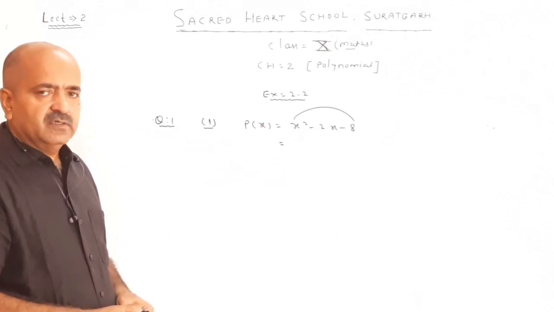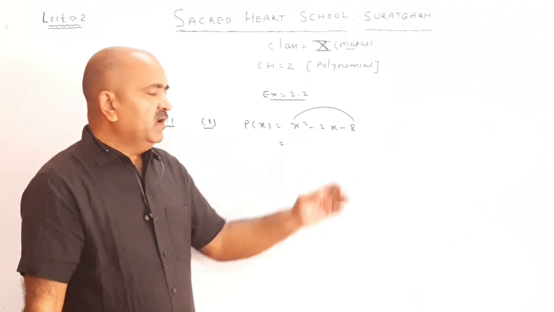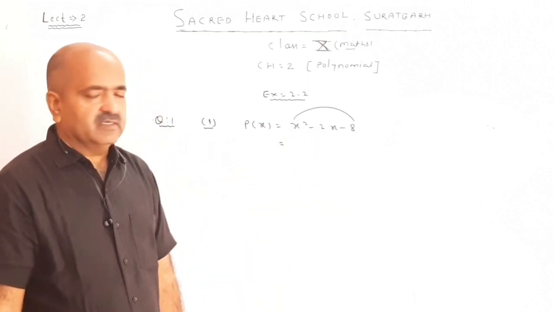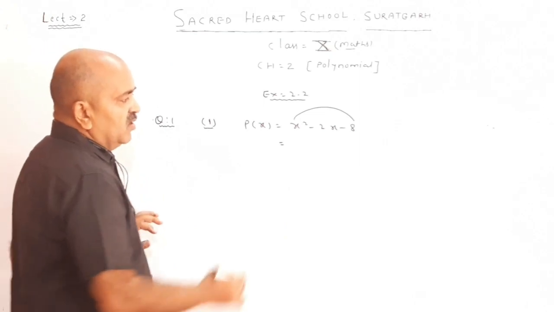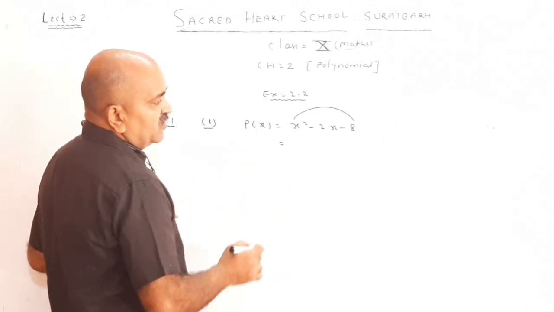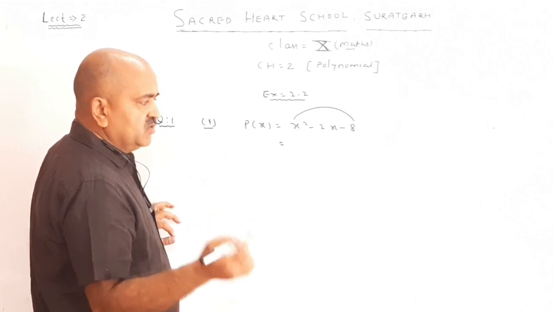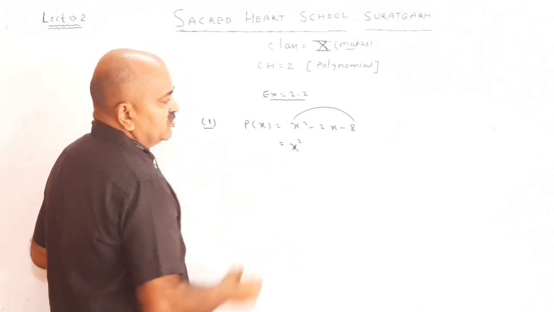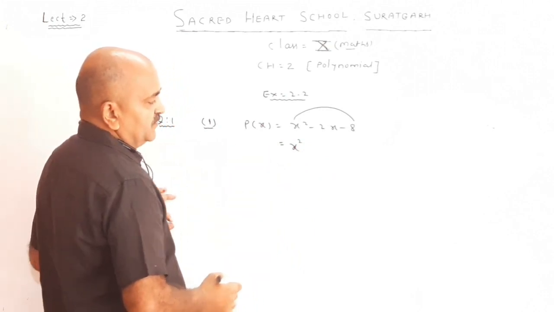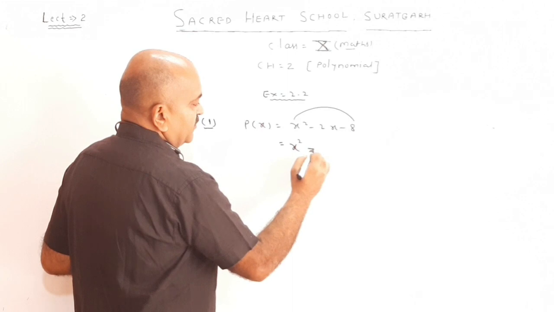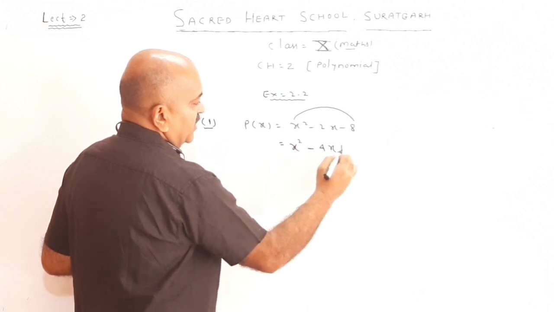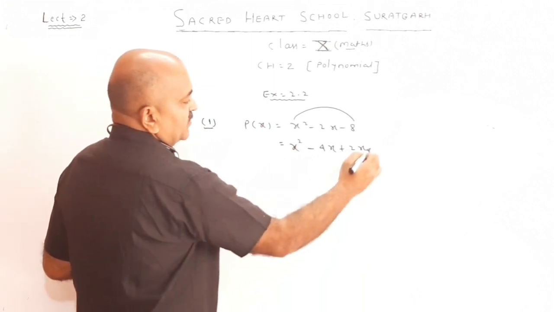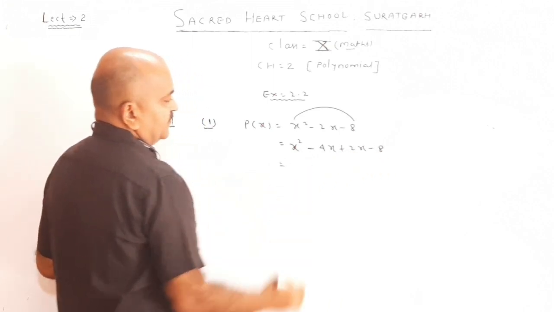If we multiply the numbers, then we obtain 8, and if we subtract, then we obtain 2. What is the suitable factor? 4 and 2. 4 twos are 8 and 4 minus 2 equals 2. So students, in this question we use middle term split. X square minus 4x plus 2x minus 8.